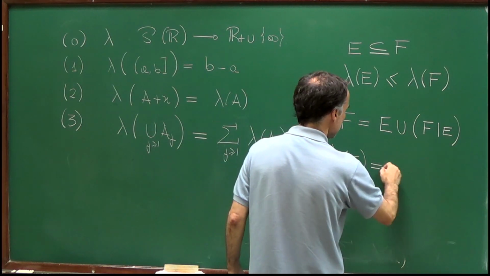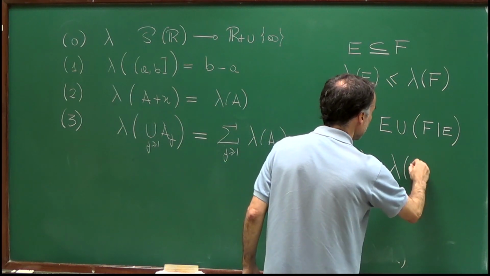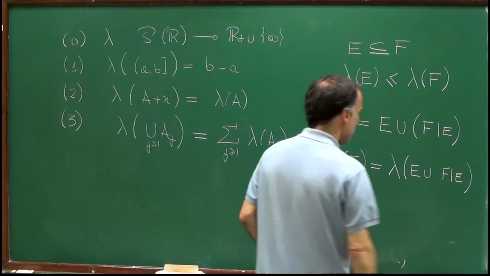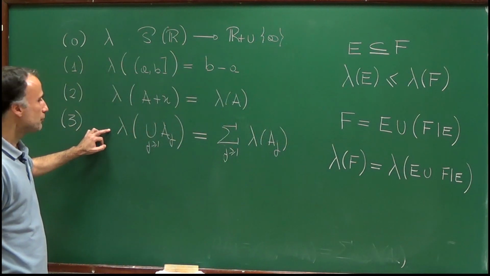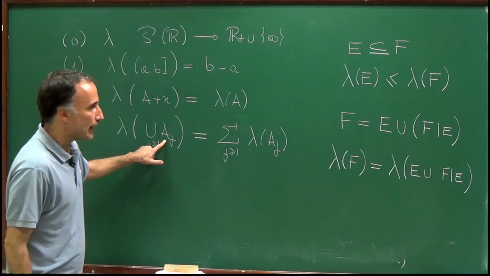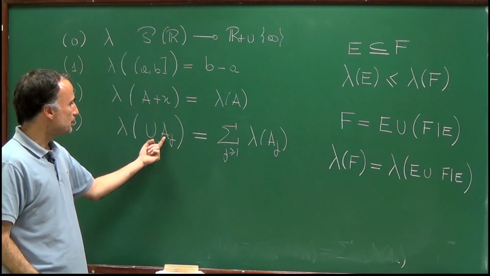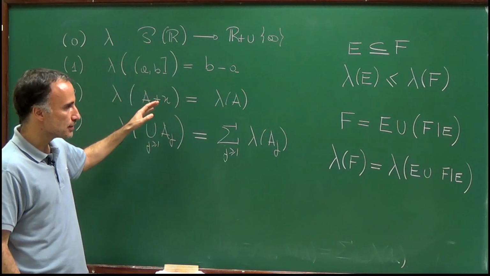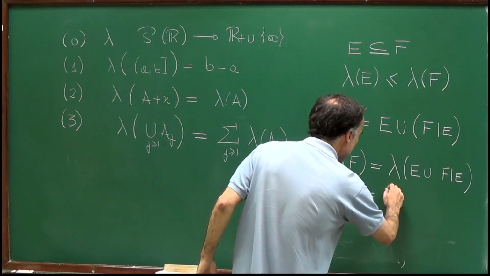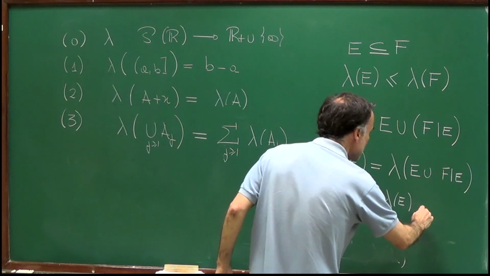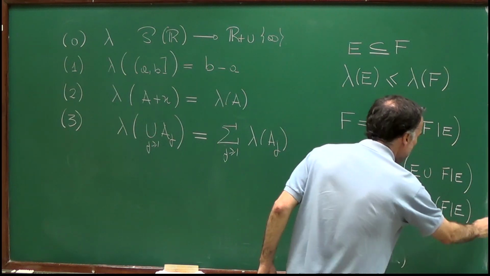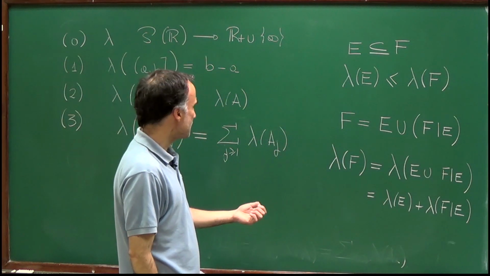Lambda F is equal to lambda of E union F minus E. By our property 3, if I take A1 to be E, A2 to be F minus E, and all the other sets to be the empty set, this will be equal to lambda E plus lambda of F minus E plus the measure of the empty set.